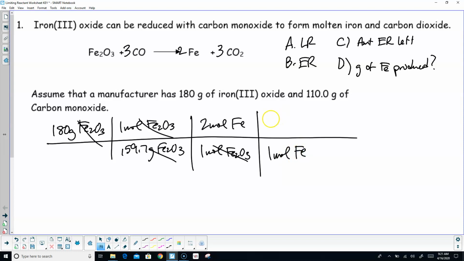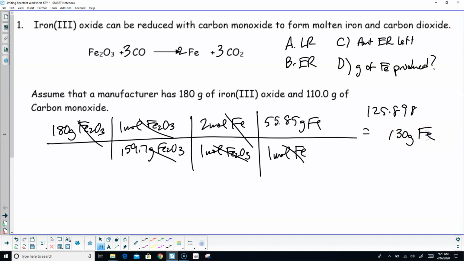So for every 1 mole of iron, it weighs 55.85 grams of iron. Moles cancel, so I'm going to take 180 times 2 times 55 divided by 159. It comes out as 125.898. Okay, there's only going to be 2 sig figs because 180 only has 2. So you're going to round that up to 130 grams of iron.